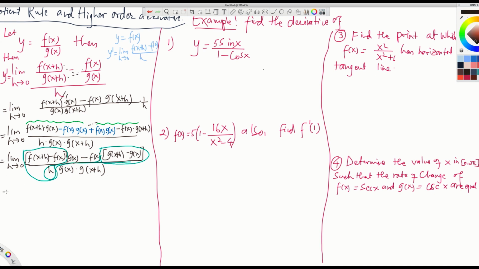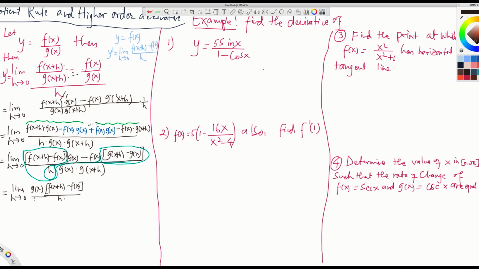Limit h tends to 0, right? You write g of x times f of x plus h minus f of x divided by h times, let me write a little bit different way. So what I want to do is write the remaining terms after g of x there, okay? So that's what I want to do there.